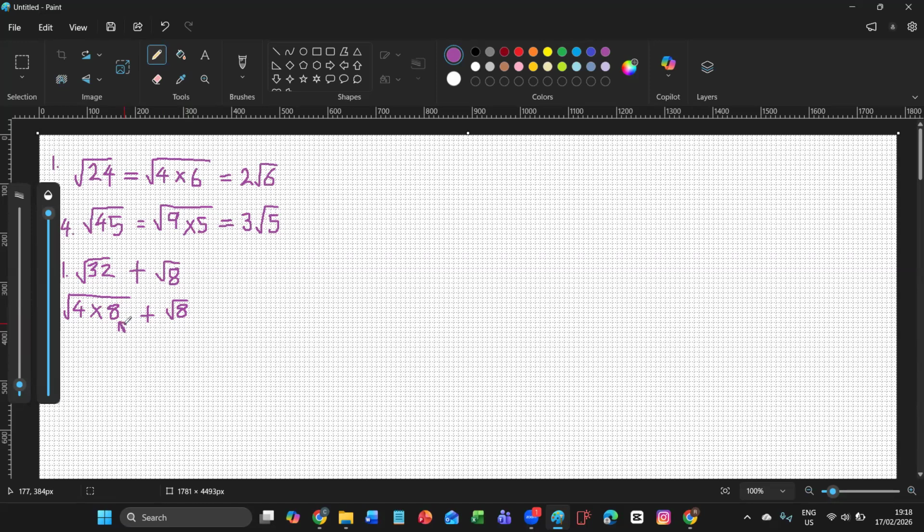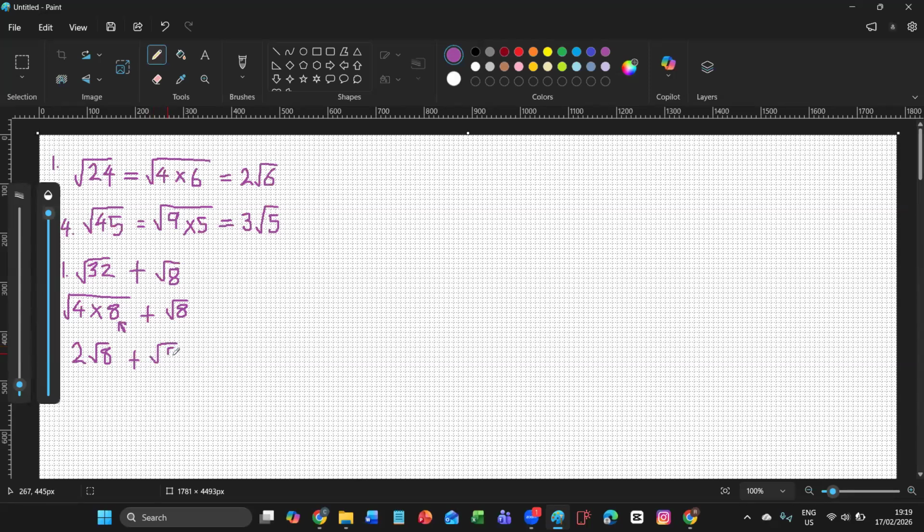So I know that somehow they're going to tidy themselves up. So this root 4, we know that square root of 4 is 2, isn't it? Yes. So we can just do it as 2 root 8 plus what? Root 8. And this is the interesting part.